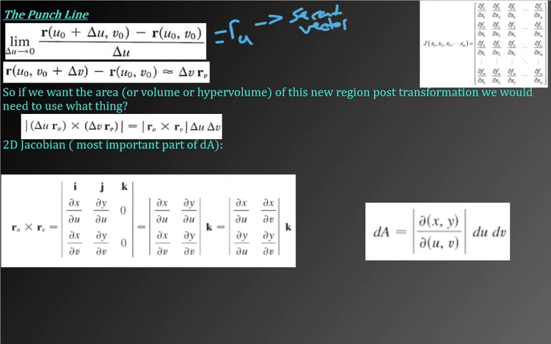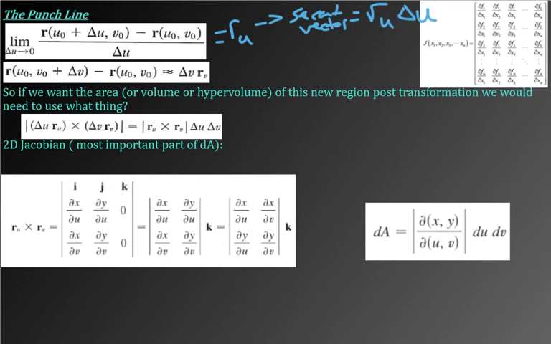The top line of that fraction is the secant vector, and that top line could be rewritten as the r with respect to u tangent vector, but then just multiplied by delta u, right? If you multiply both sides of this equation by delta u, then it's saying my secant vector right here on the top equals r sub u times change in u, right? So that's another true equation.